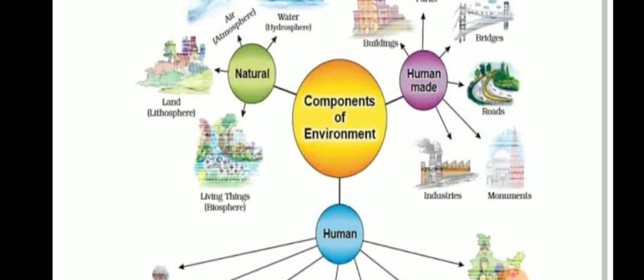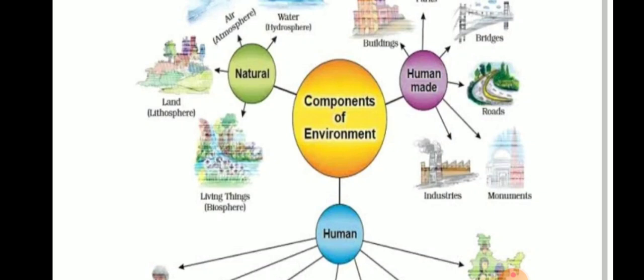Second is human made environment. Human made environment means human made surroundings that provide facilities to fulfill human needs, like it gives a place for people to work, to live, to educate, to recreate. Why recreate? To fulfill their basic day-to-day needs.